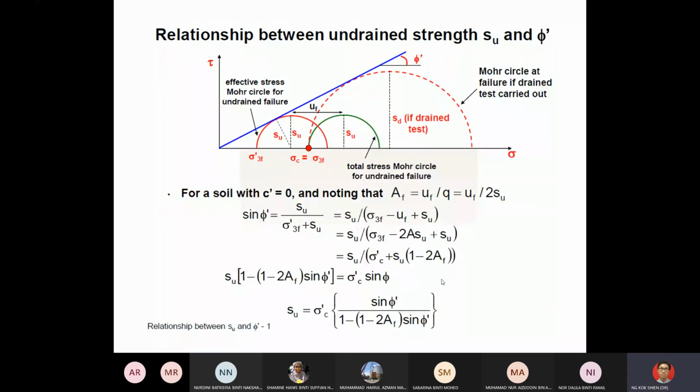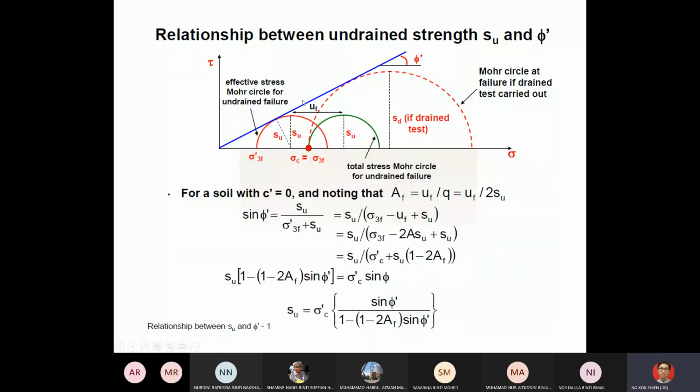Now we look at the undrained strength, the relationship between undrained strength and friction angle. Now we talk about drained strength, now we go to undrained strength.